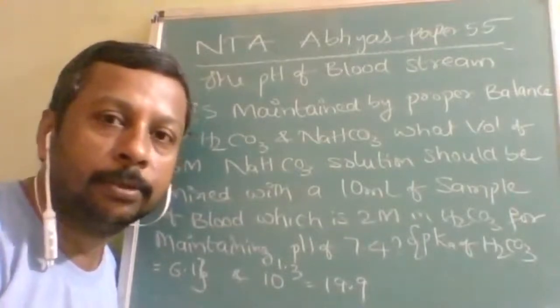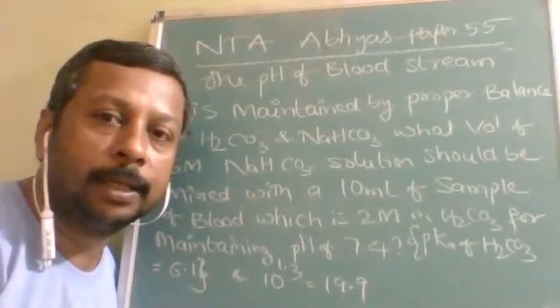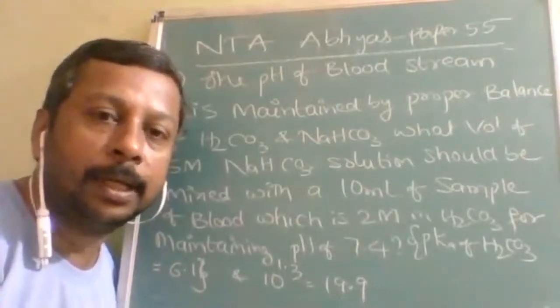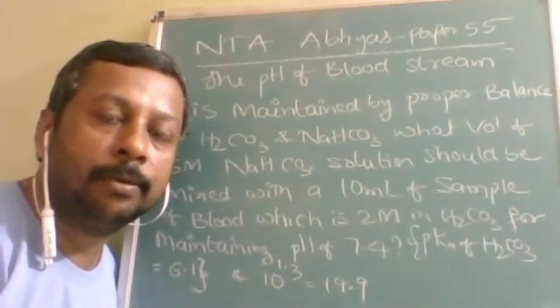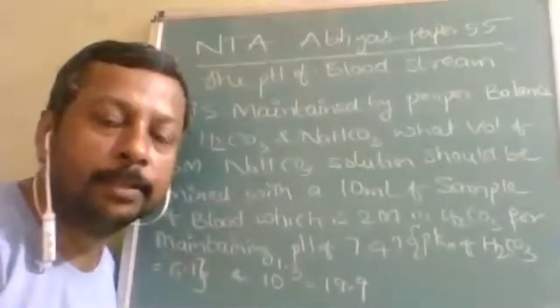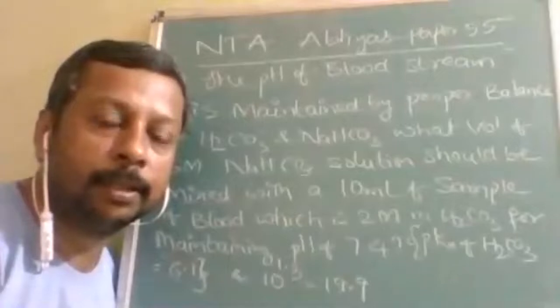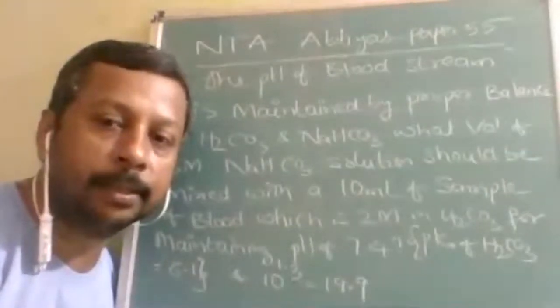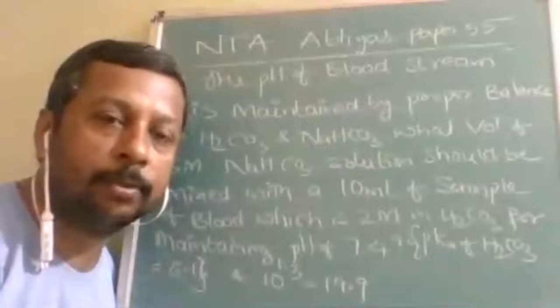Okay, so let us come to paper number 55, and the very first question is a simple concept question. It is based upon the buffer solution, but nowhere in the question is it mentioned as a buffer solution. You should be able to identify it.